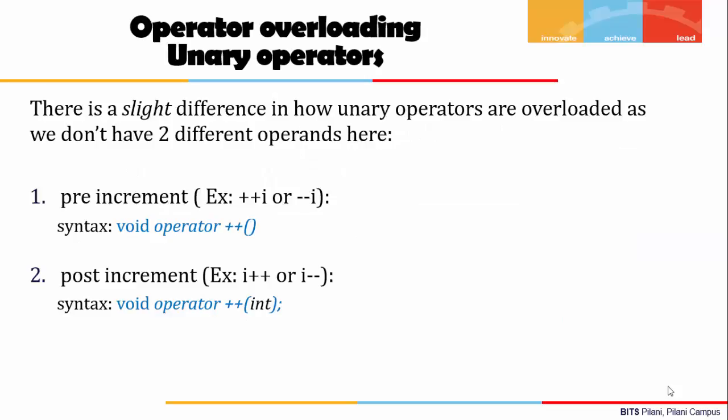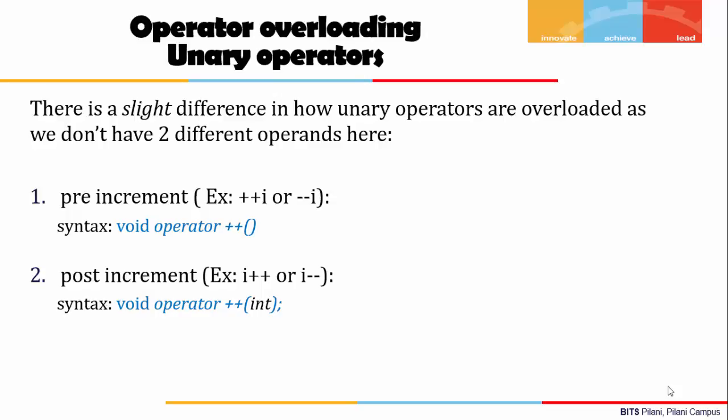Next, unary operators. We know that unary operators act only on one operand. Some examples of unary operators are increment operators, decrement operators, plus plus, minus minus, etc. To make both versions of the increment operator, that is prefix and postfix, work, we define two overloaded plus plus operators.